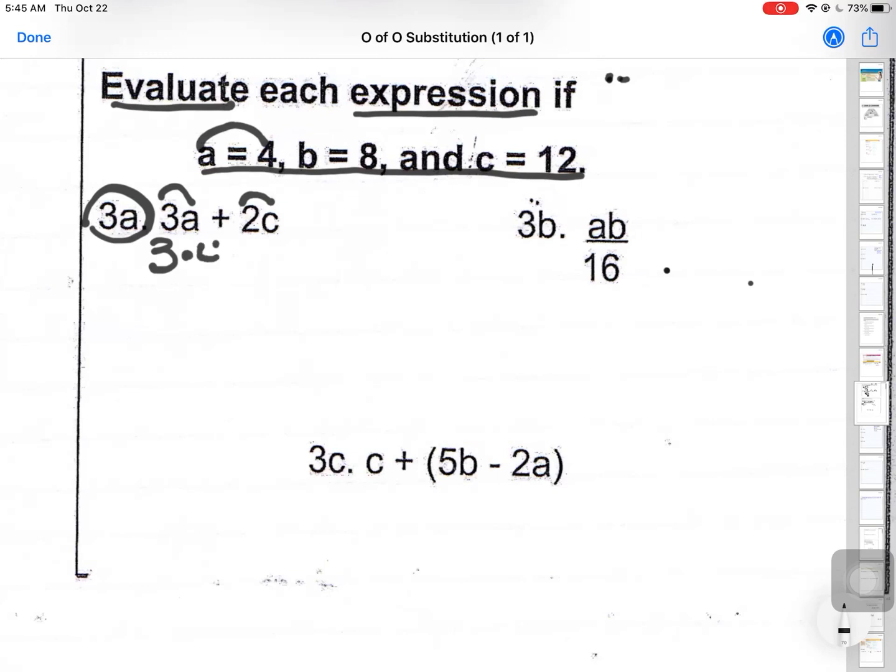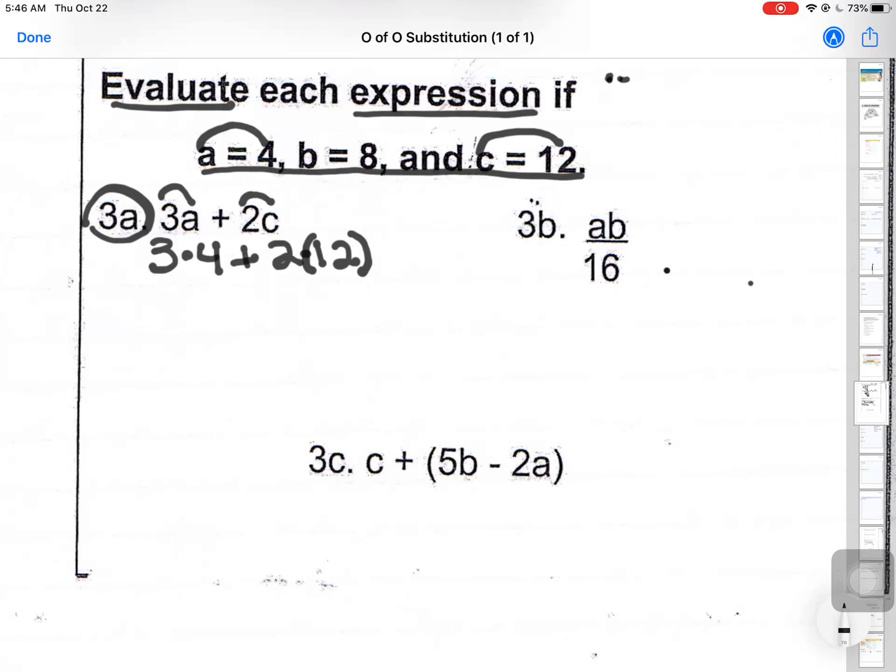I'm going to use dots this time just because I can for multiplication. 3 times 4 plus 2 times C is 12, times 12. And again, you can use parentheses to show your multiplication. It's up to you.